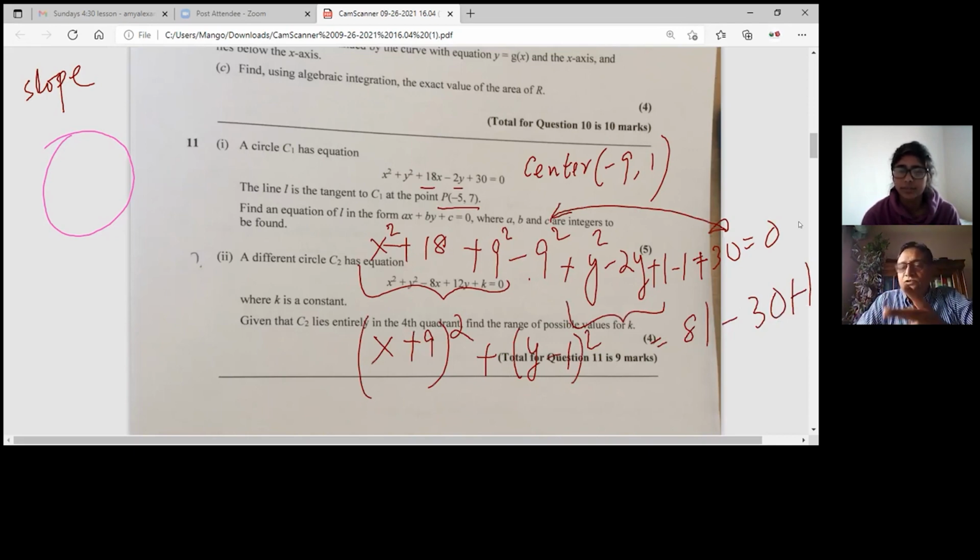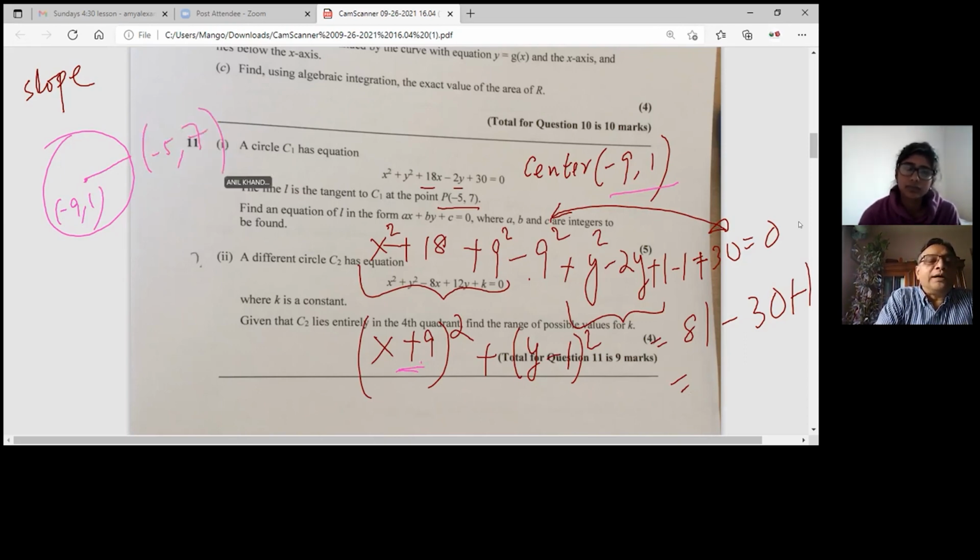But the important thing here is that the center is -9, so it has translated 9 units left. And 1 unit it has gone up, therefore it will be +1, correct? That becomes the center, and we are given the point P, which is (-5, 7).